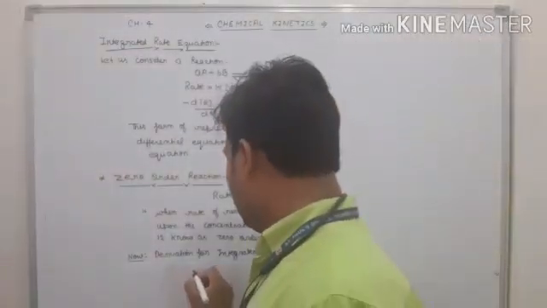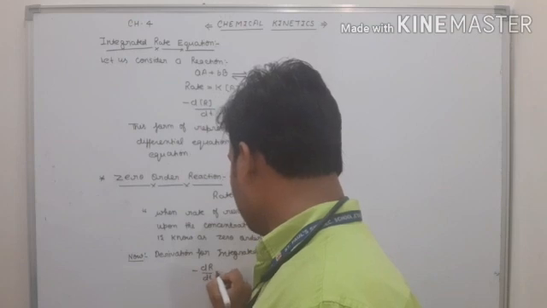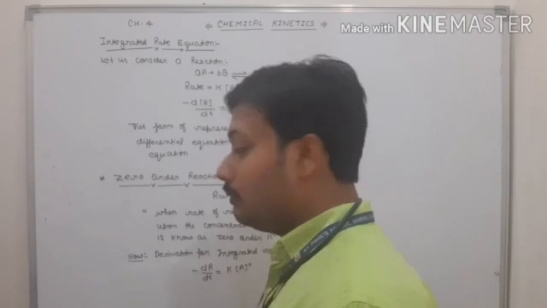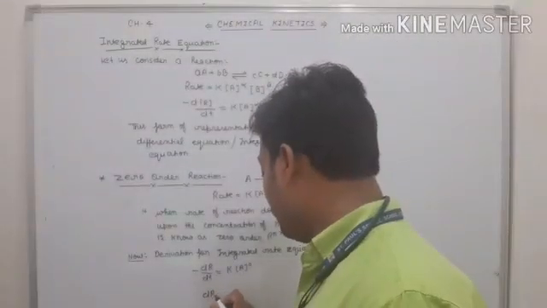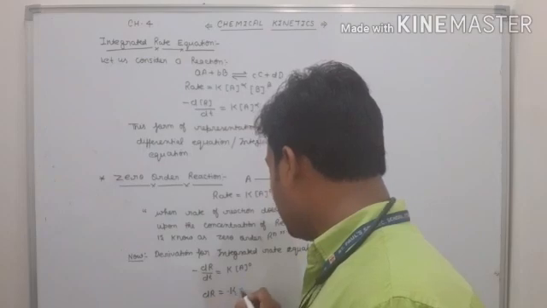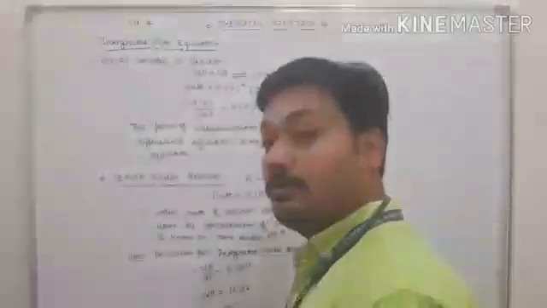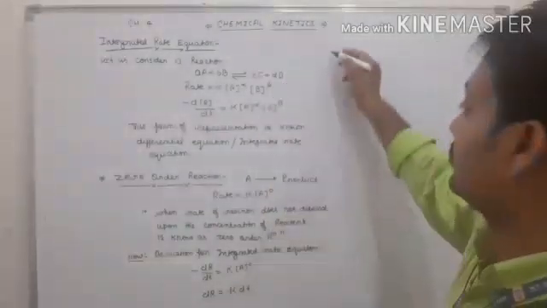As we know, minus dR upon dt is equal to K A to the power 0. It is also written as dR is equal to minus K into dt. On integration.